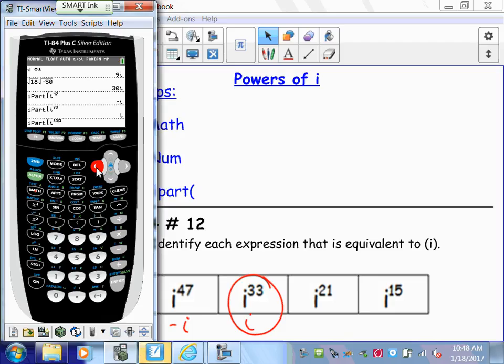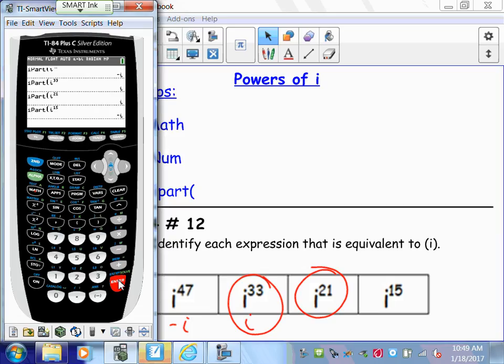So second enter, go over to 21. Well, that's another I. And try 15 again. Got it. So just those two.